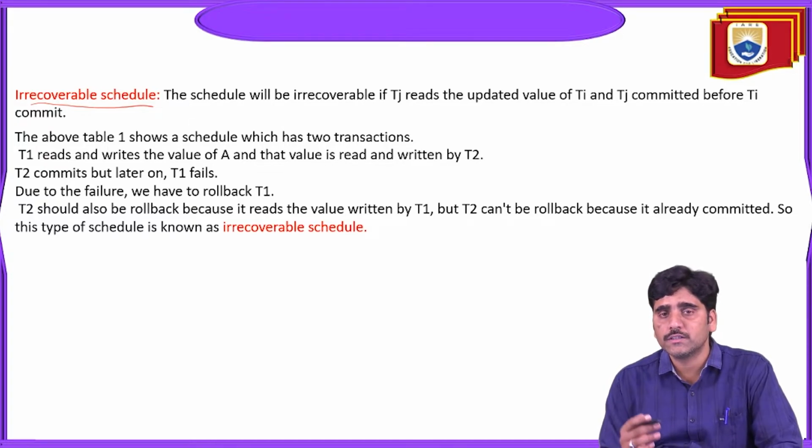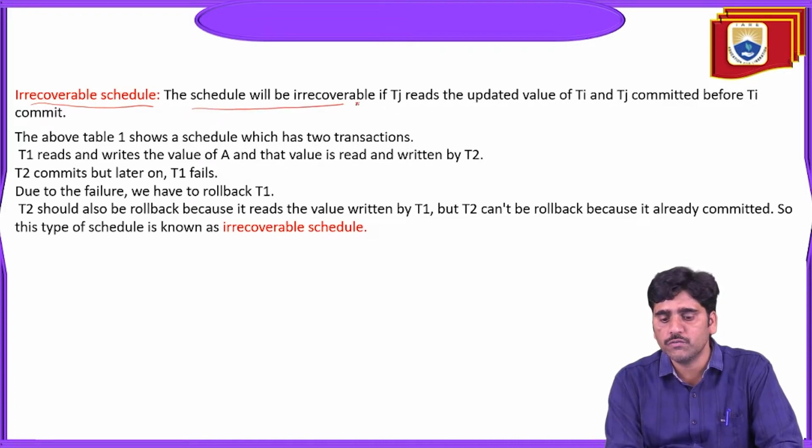That means if the transactions in a schedule are not committed and a failure point occurs, the transactions may not roll back. From that point of view, you can say it is an irrecoverable schedule.